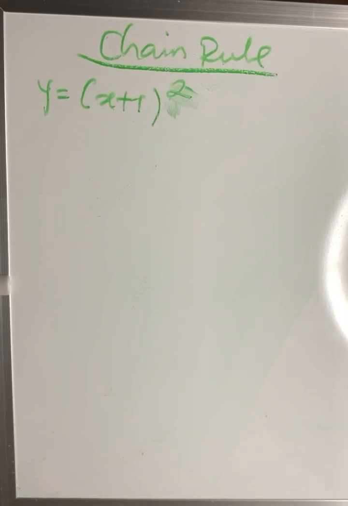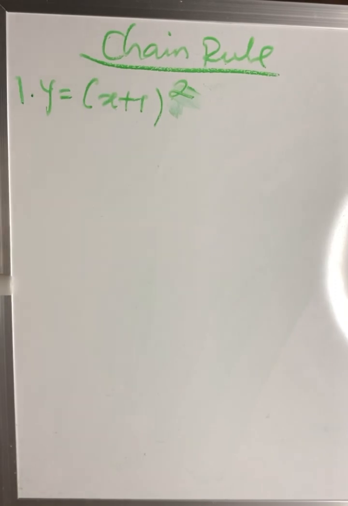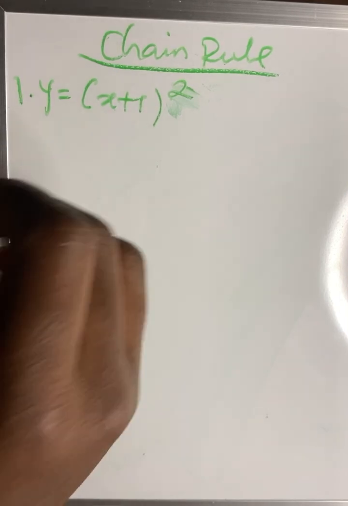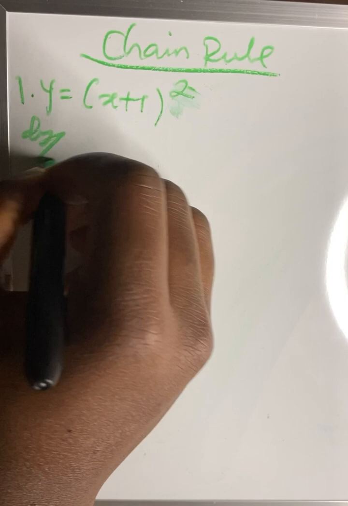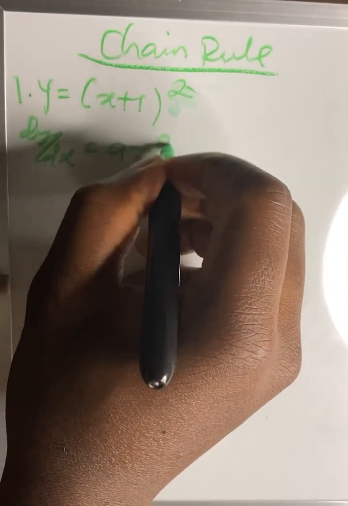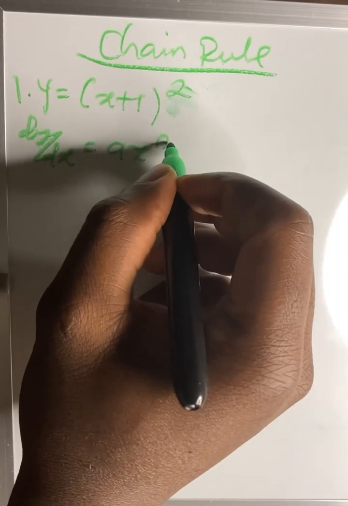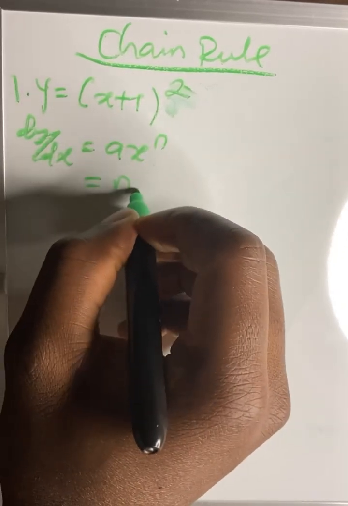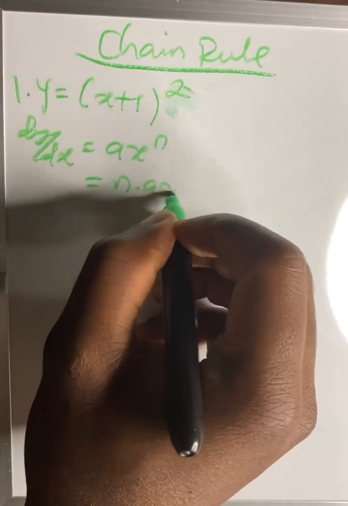Well, first of all, let's take this example 1 before we proceed to more complicated examples. In our general formula, dy dx is equals to ax to the power of n, where we minus, which is equals to this power multiplied by the coefficient.